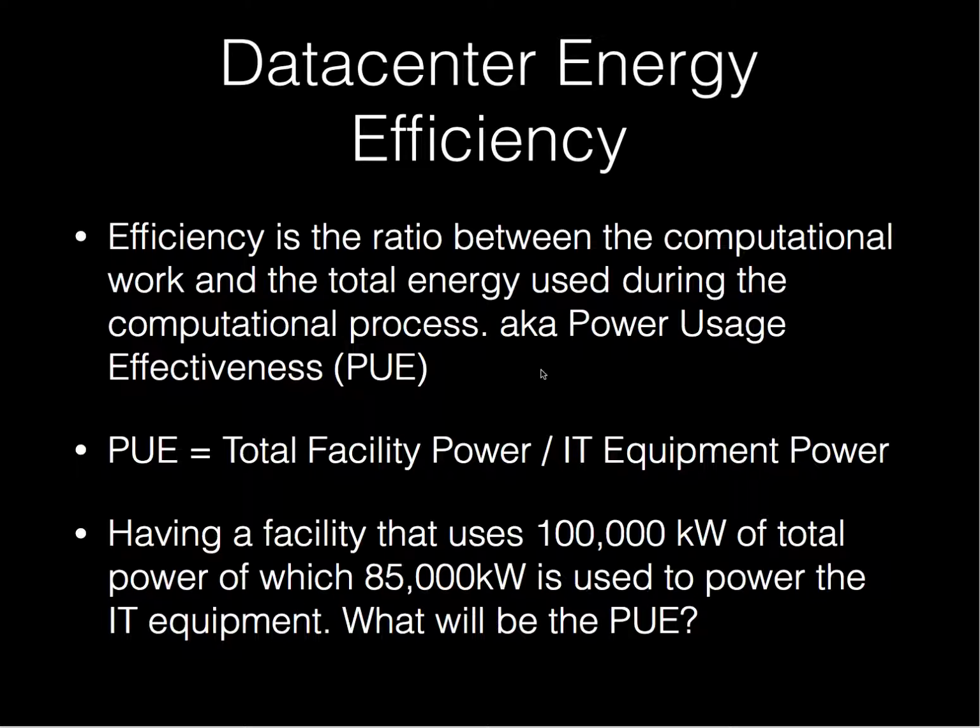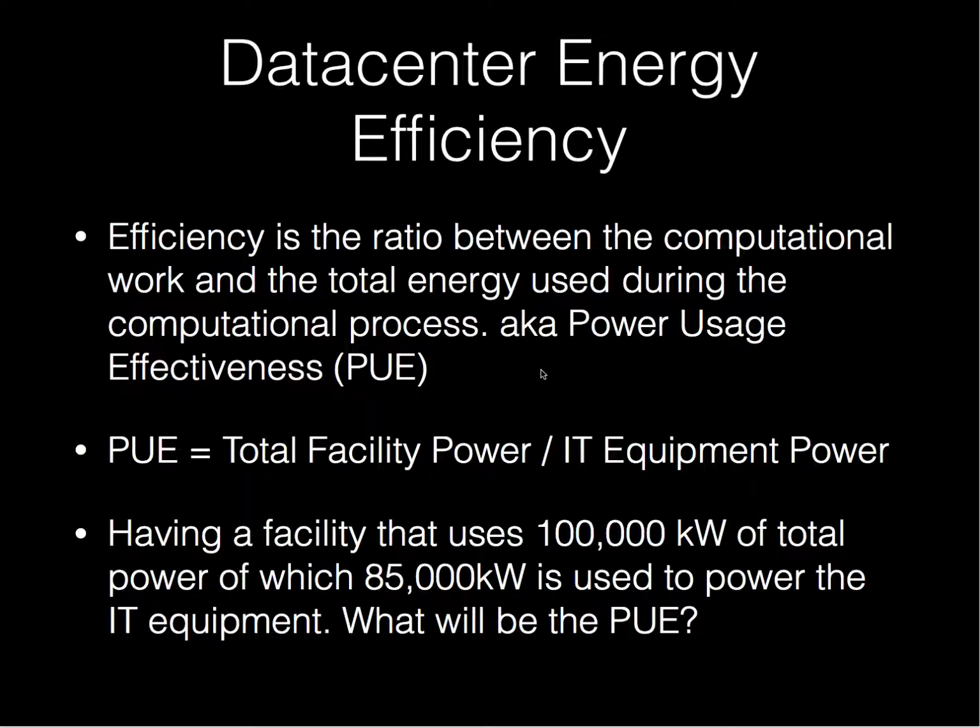Essentially, when we talk about data center energy efficiency, we are looking at a measurable unit, and then we are trying to assess the value of this ratio, and then trying to improve it.